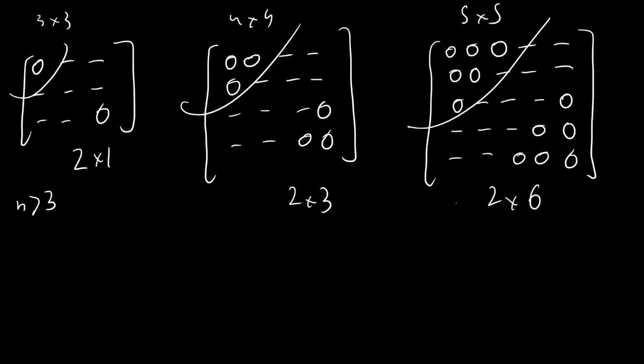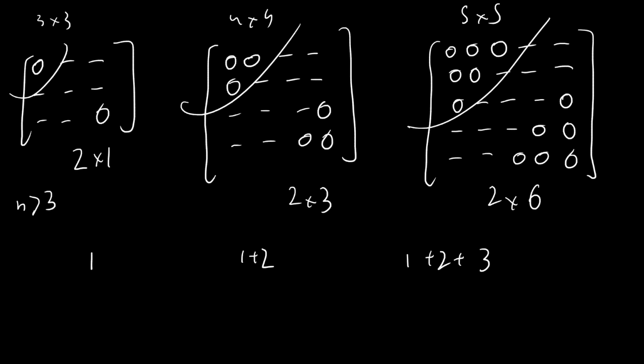Now can you guess any pattern that occurs further? What I can say is that this number 1, 3 and 6, if I look closely, this is 1, this number is 1 plus 2, and this number of zeros can be represented with 1 plus 2 plus 3.